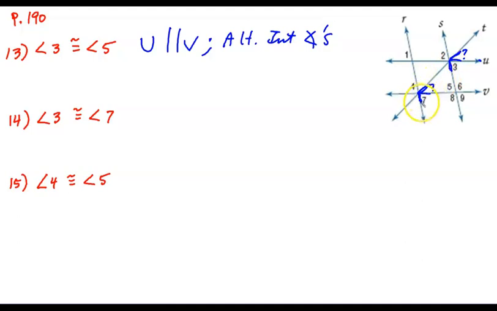And since we don't know for sure what this missing angle measurement is, we can't say for sure that the actual corresponding angle would be congruent. All right, 3 and 7 would not be considered corresponding. We'd have to include this whole angle. And that works either way: if you went with transversal V intersecting R and S, we would have the same problem here. We can't make that corresponding angle unless we know what that missing angle measurement is.